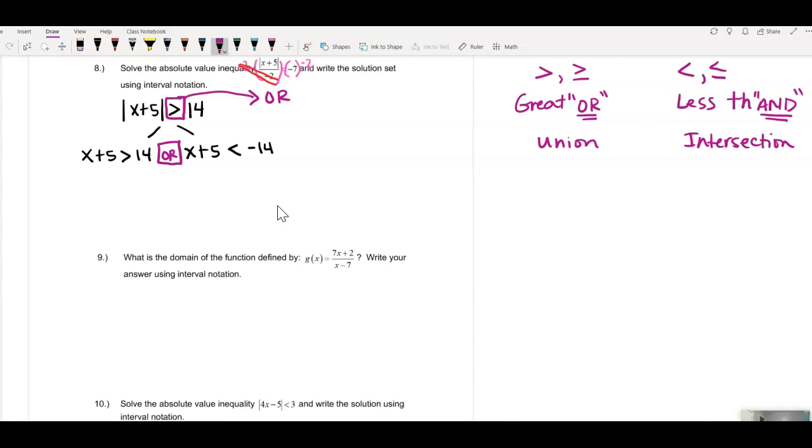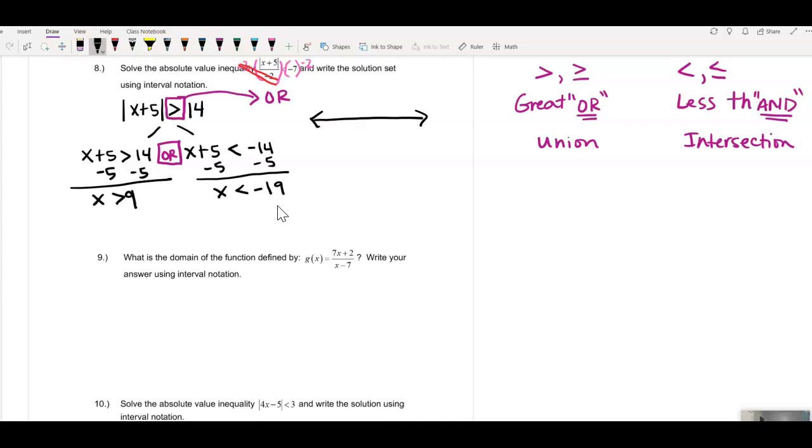Okay, so then let's solve these the rest of the way. Get x by itself. So this is what you come up with, but now graphing it is going to make it a lot easier to figure out what part is our solution.